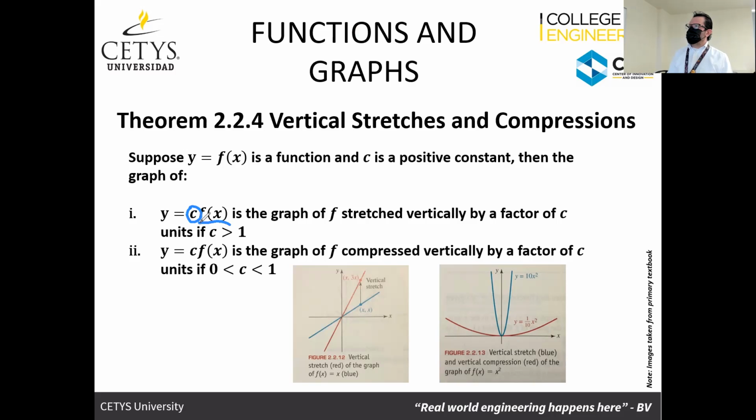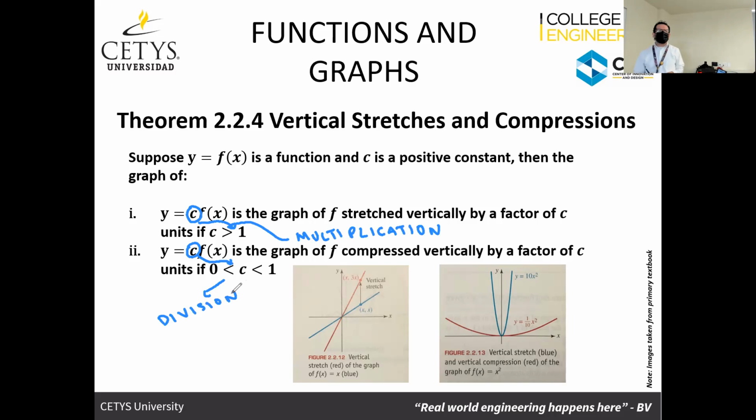If C is larger than 1, this basically means that I'm multiplying. But if C is between 0 and 1, this actually means that I'm doing a division.